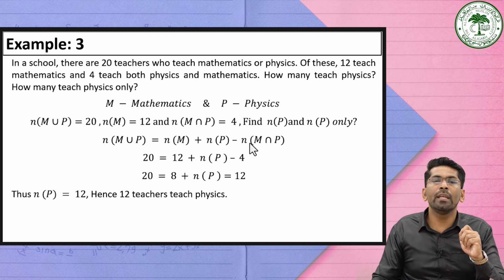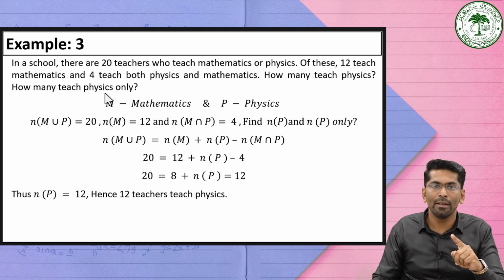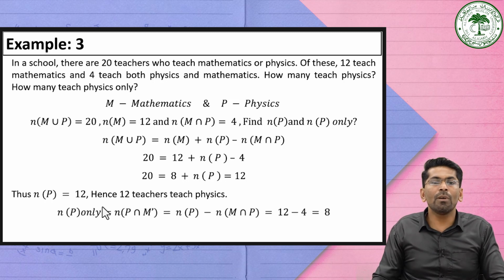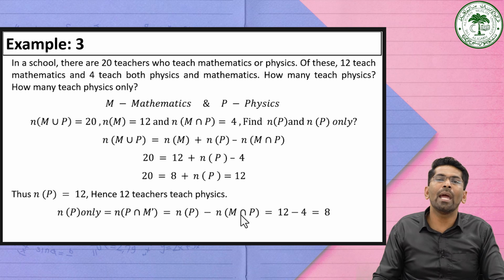And the second question: how many teachers teach physics only? Here the number of elements in P only is equal to the number of elements in P intersection M complement, which is equal to the number of elements in P minus the number of elements in M intersection P. The number of elements in P, which we already calculated, is 12, minus the intersection, which is equal to 4.